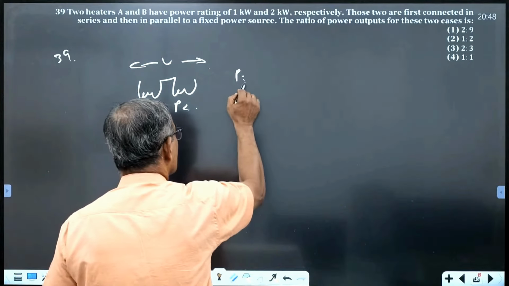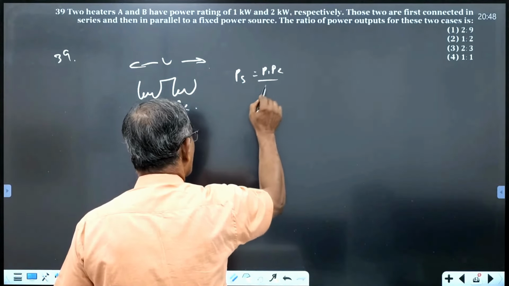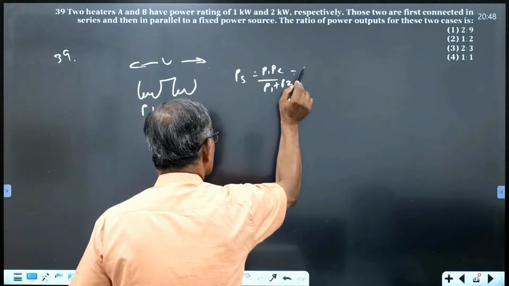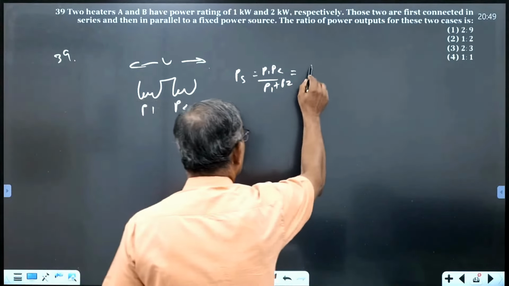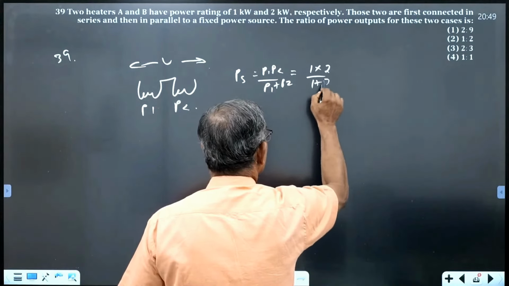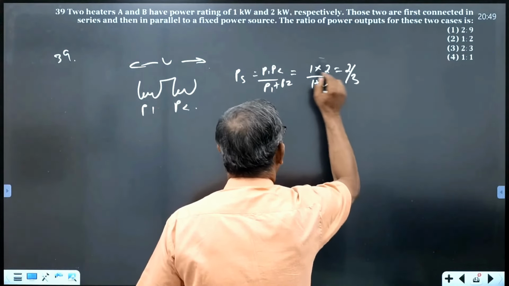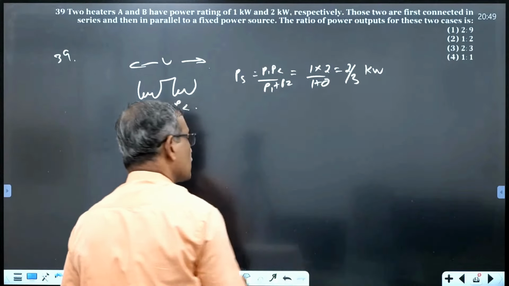In series, it is P1 P2 by P1 plus P2. This is the basic formula, so substituting: 1 into 2 by 1 plus 2, so 2 by 3 kilowatt. That is in series.